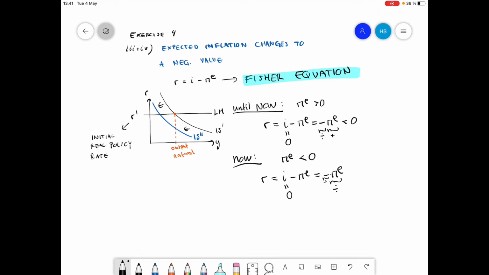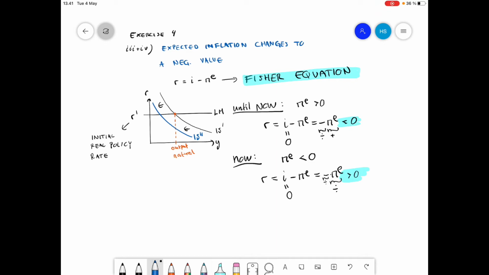That something is the expected rate of inflation, which now is negative. So we have minus times a minus. That becomes positive, so greater than zero. So as the expected inflation changes to a negative value, the real policy rate goes from being less than zero to now being greater than zero.